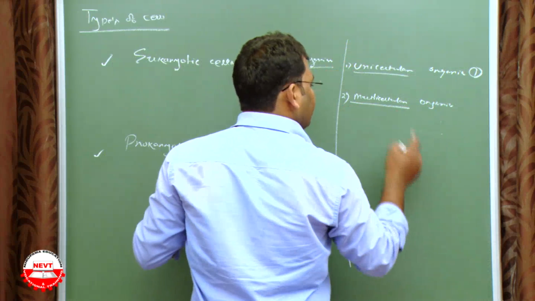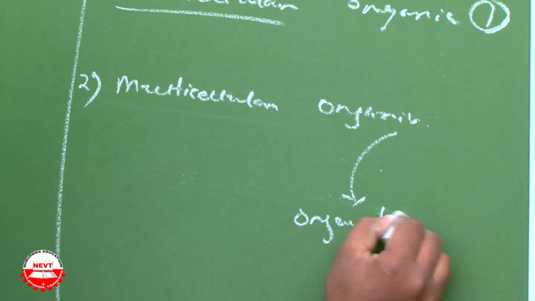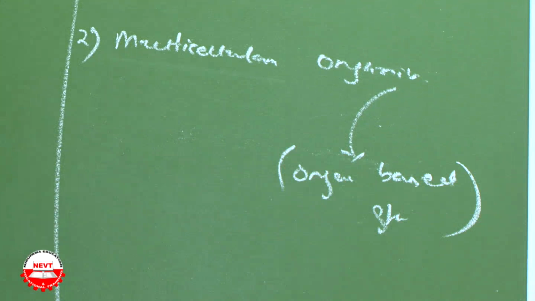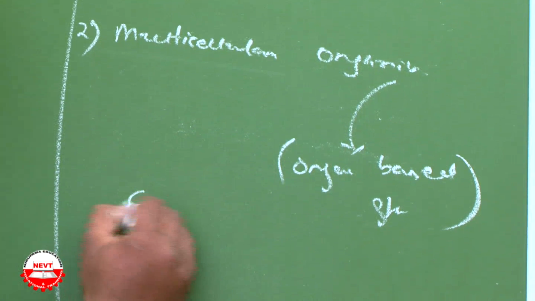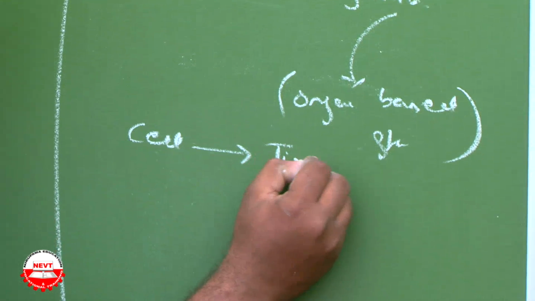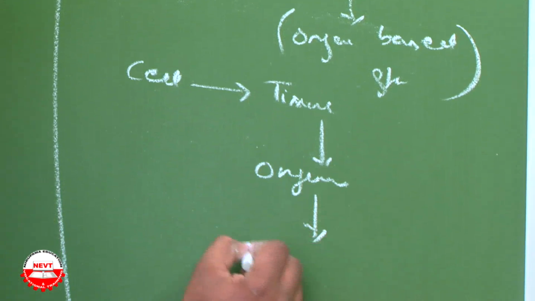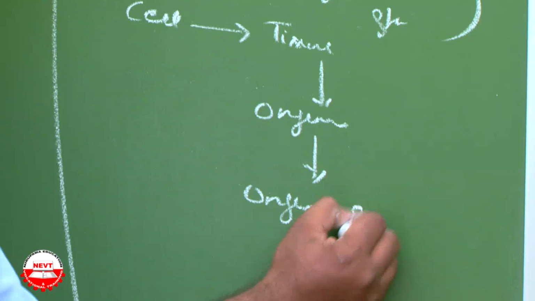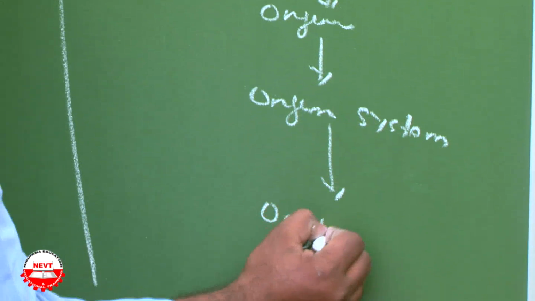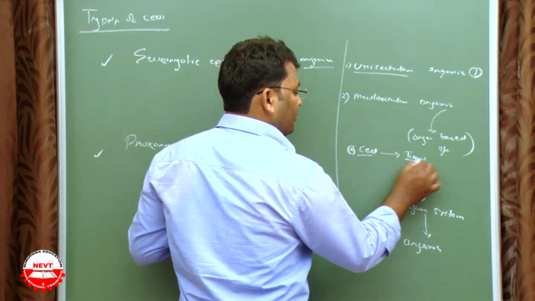Multicellular organisms have an organ-based structure. Some cells unite to form tissue, some tissues unite to form organ, some organs unite to form organ system, and some organ systems unite to form the organism. This is the sequence in a multicellular organism.